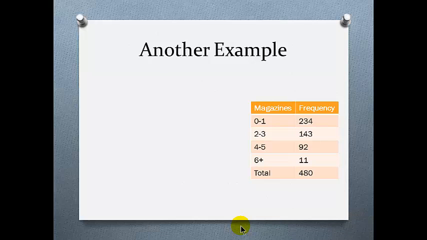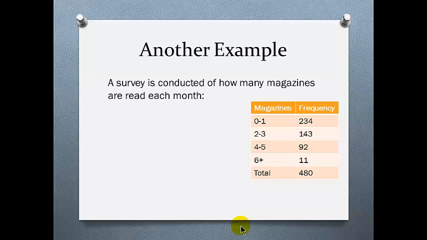How about another example? Surveys were conducted on how many magazines are read each month by a bunch of people. Do you read between 0 and 1, 2 and 3, 4 and 5, or more than 6 magazines? So what's the probability that you read 2 or 3 or 4 or 5?